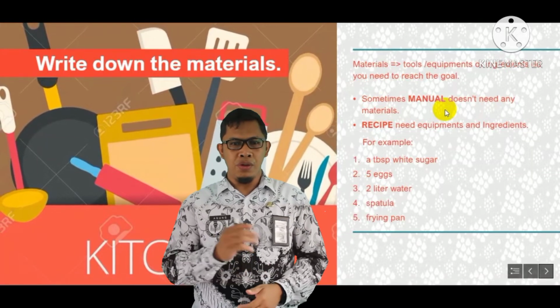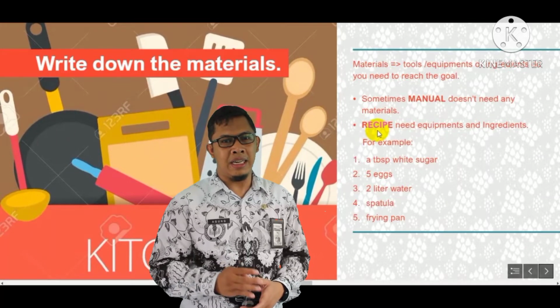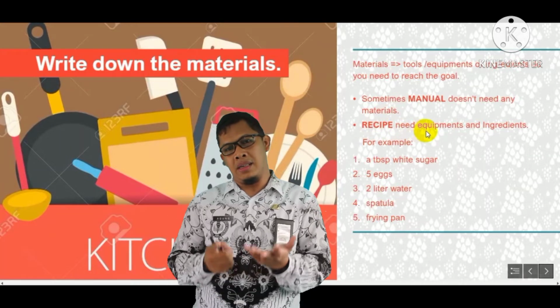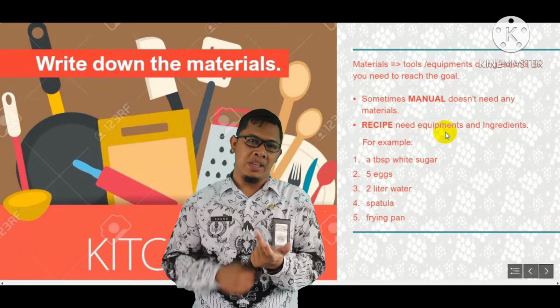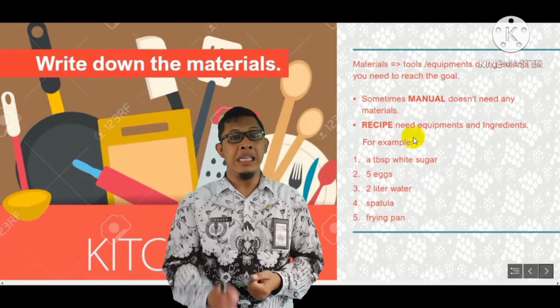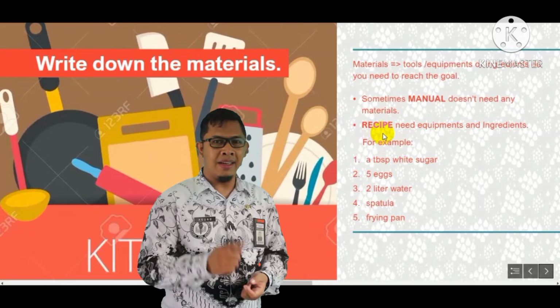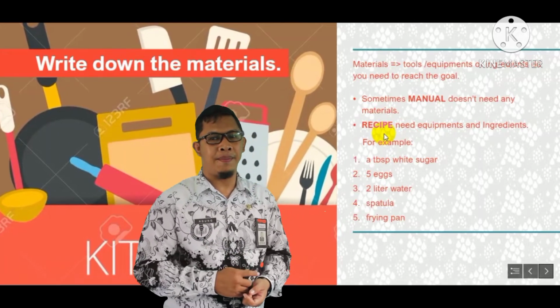But if you want to write a recipe, atau jika kalian ingin menuliskan resep, tentu you need ingredients and the equipment. Jadi jika ingin menuliskan resep, tentu kalian harus menuliskan bahan makanannya dan peralatan apa saja yang dibutuhkan.